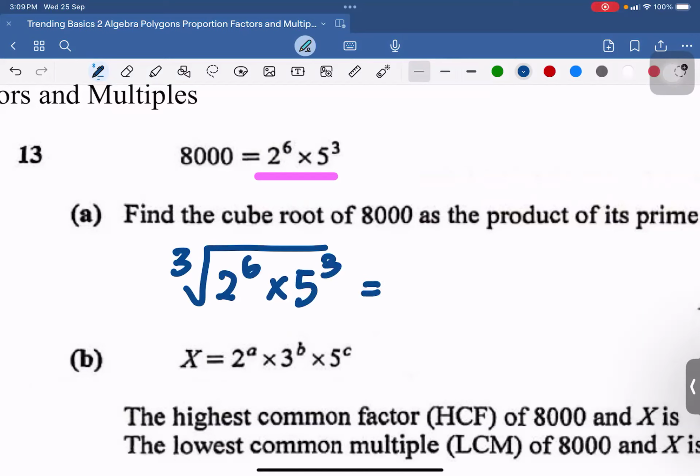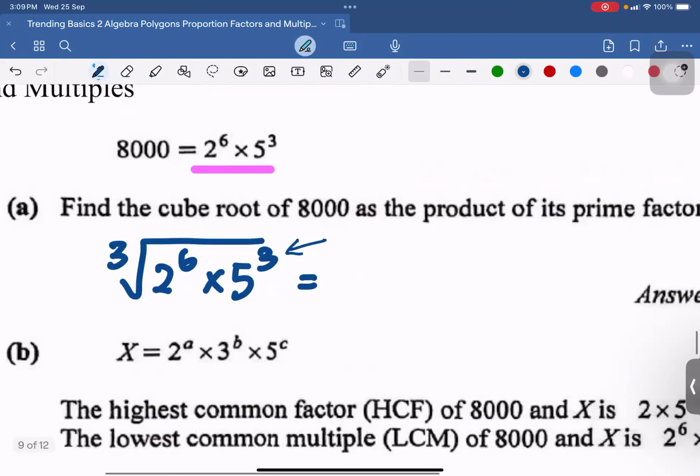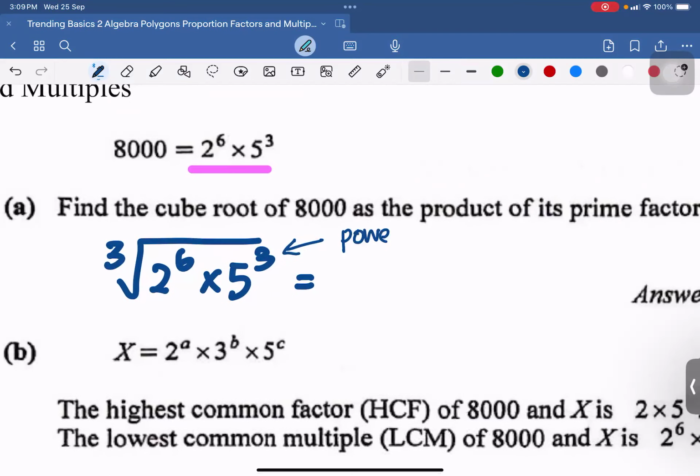What happens to the power when we take cube root? No, the power does not add. Only if the base is the same can you add. The power when we take cube root, yes, the power is divided by 3.